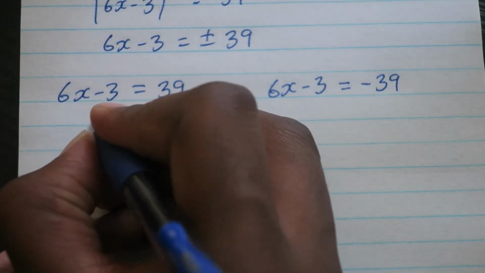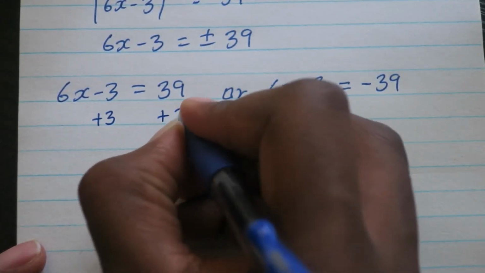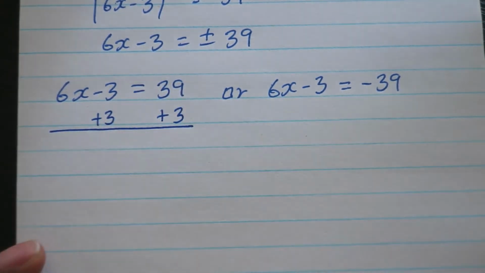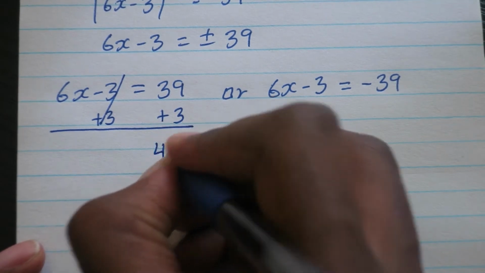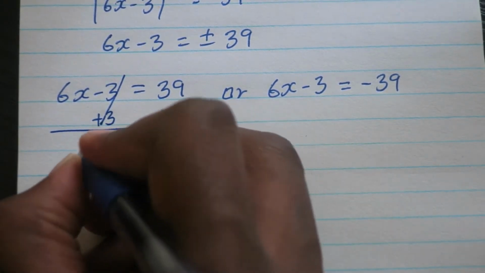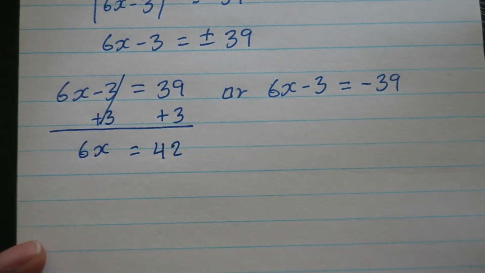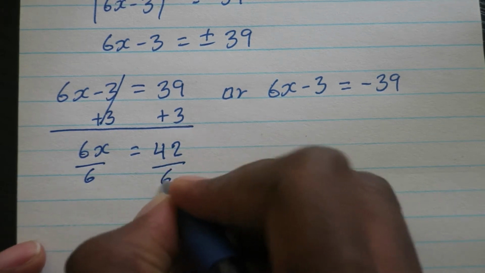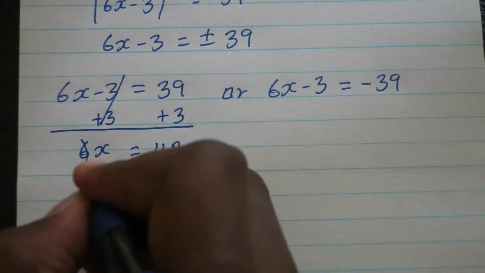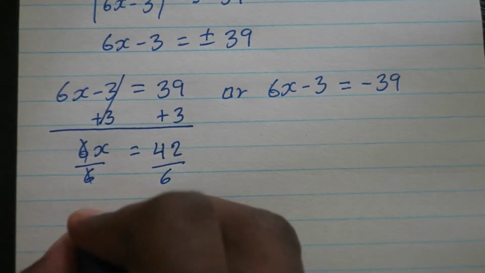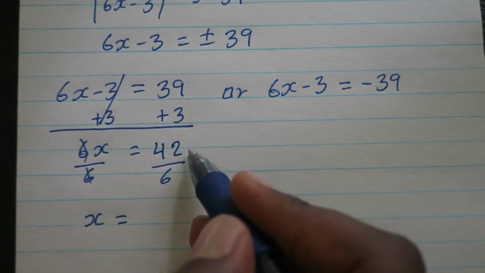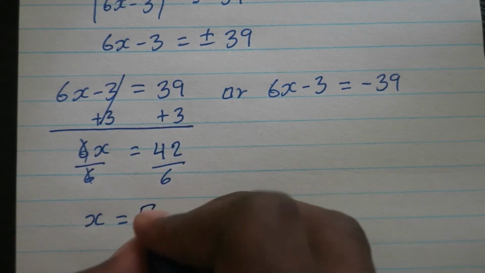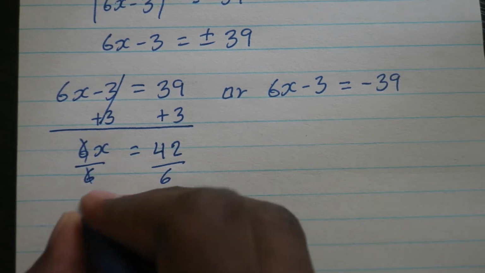So plus 3 to solve for x, cancels. This gives you 42 equals 6x. Inverse of multiplication is division. 6 cancels over here. We're left with x equals 42 divided by 6. That's the number 7.